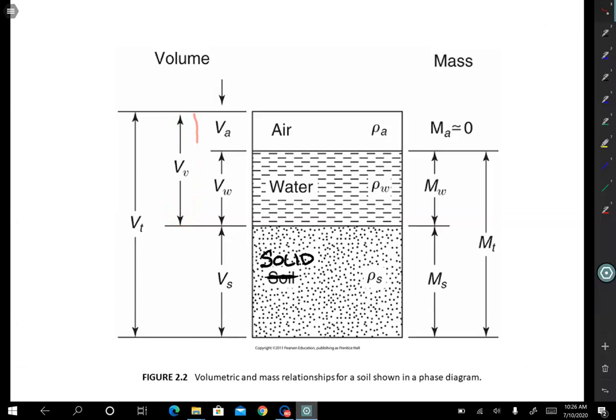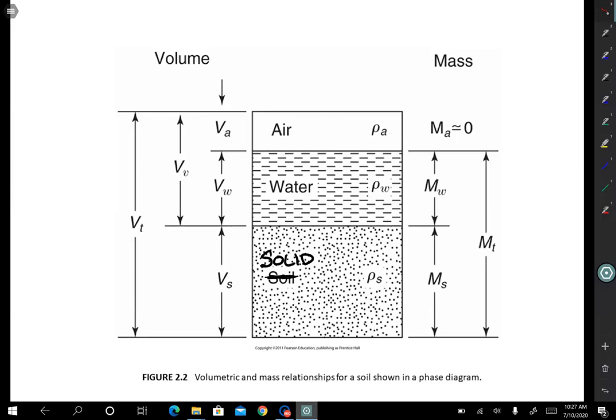The voids could either be filled with water or filled with air. All you have to do is change the water content, right? If you keep the solid particles all in the same orientation and you replace the air with water, you would have changed the phase diagram, but you would not have changed the volume of voids. So that becomes a really important quantity for us to think about and work with.